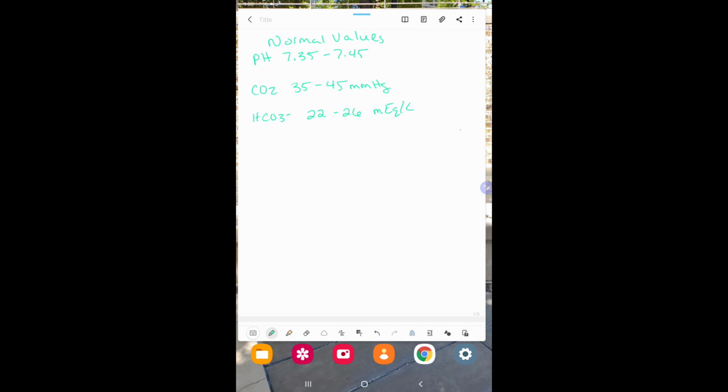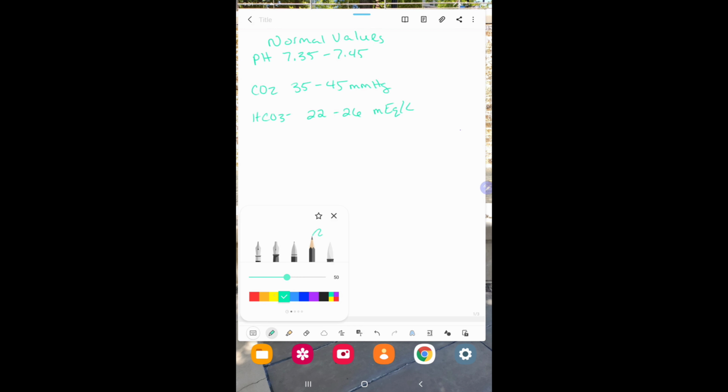Okay, so we're going to talk about these first because this is going to be an easy way for you to remember and to help you interpret it, as you will see when we get going. When I write it out like this, I'm going to put an arrow going to the left under pH, and I'm going to make it a different color so that you can see it.